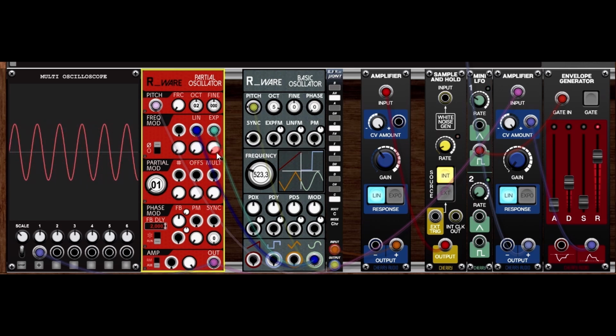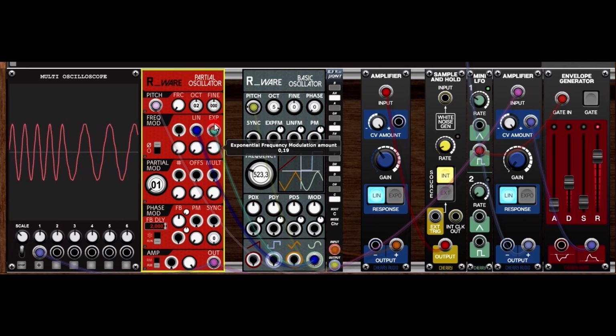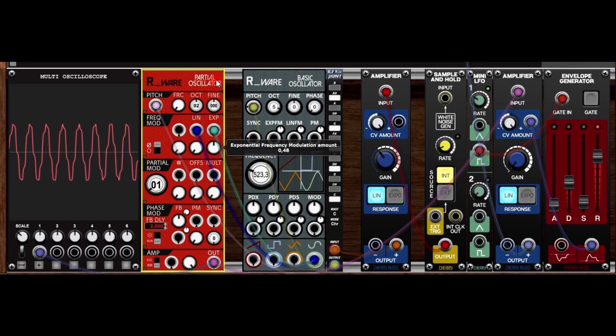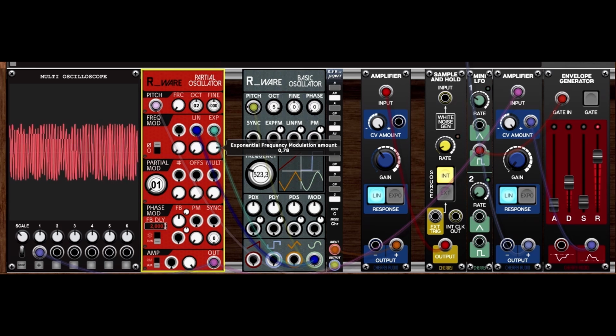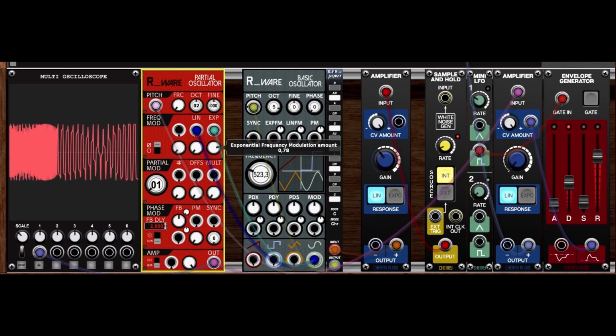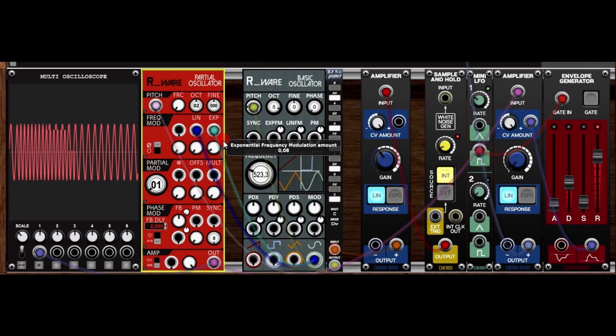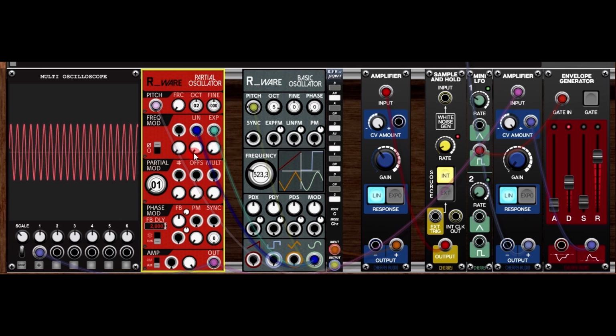And the same with exponential frequency modulation. Again, a little bit faster both.